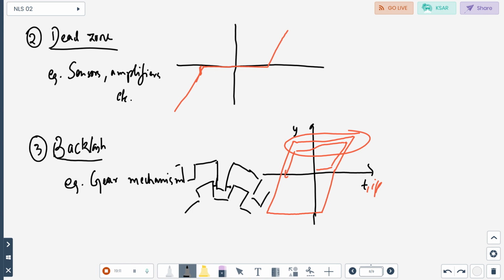Only after the teeth traverse the path in the slot will there be a change in the output with respect to the input. So during the period in which the teeth are rotating in the slot, there will be no change.